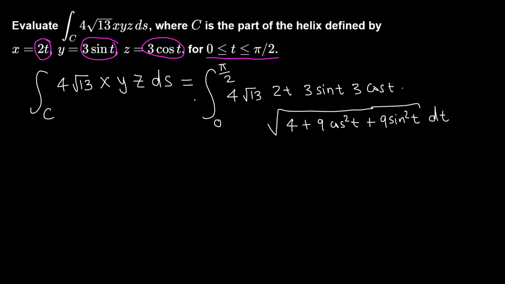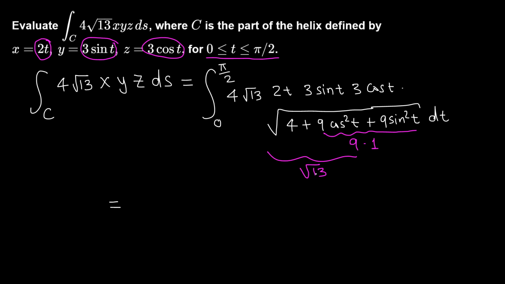Okay, now we can simplify here. 9 cosine squared plus 9 sine squared, we can factor 9 out, that leaves cosine squared plus sine squared, which is 1. So just 9, and 9 plus 4 is 13, so the whole thing is root 13.